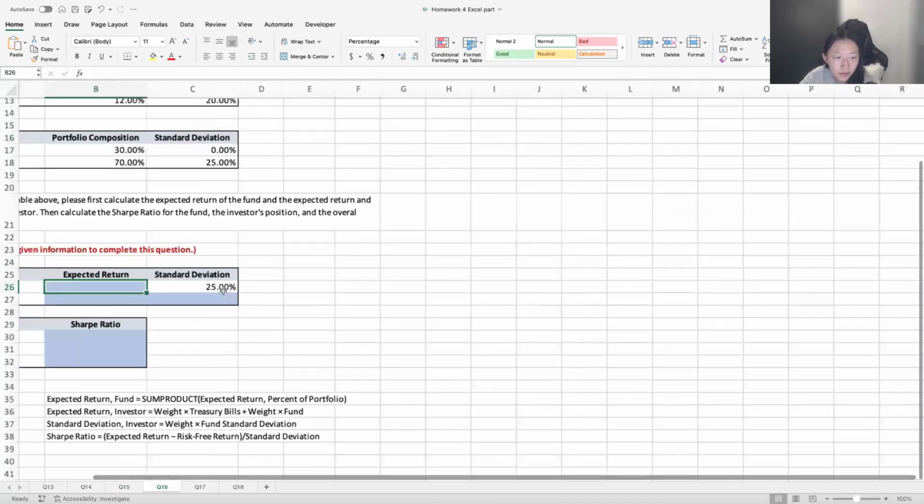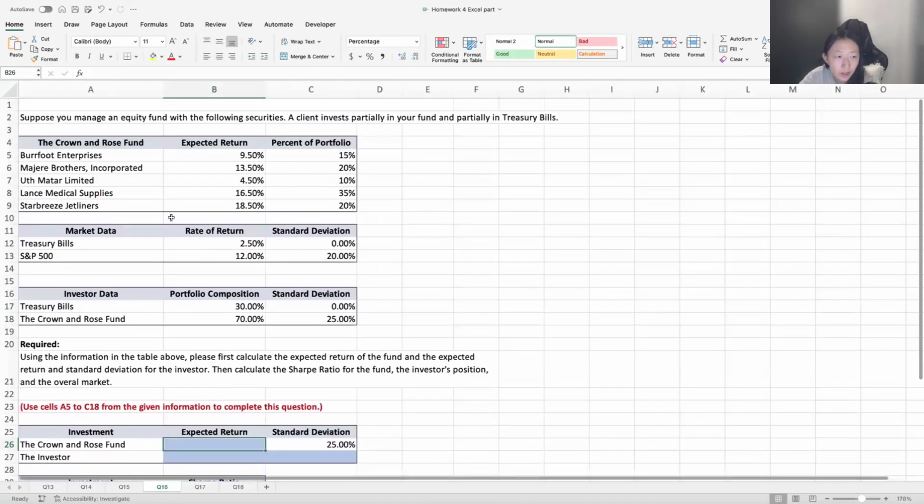Question 16. Suppose we are managing an equity fund with the following securities. A client invests partially in your fund and partially in treasury bills, so a complete portfolio. The portfolio composition looks like this, and the asset allocation decision looks like this: 30% in risk-free assets and 70% in the risky portfolio.